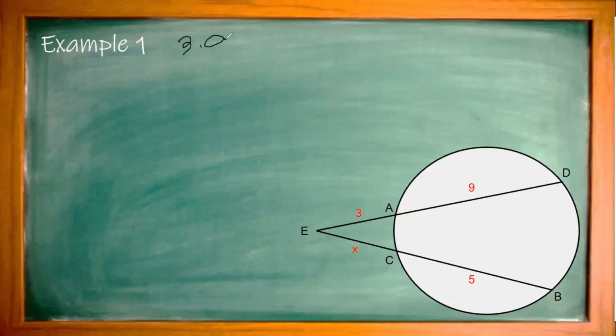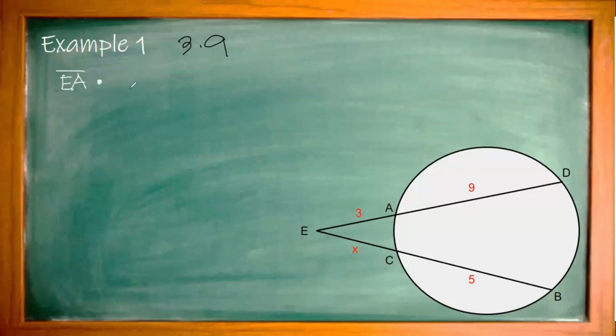Okay, 3.9, because 3.8 is the one where the chords cross, right? But here, the external part of your secant is outside. So with this case, all we need to do is just apply theorem 3.9.